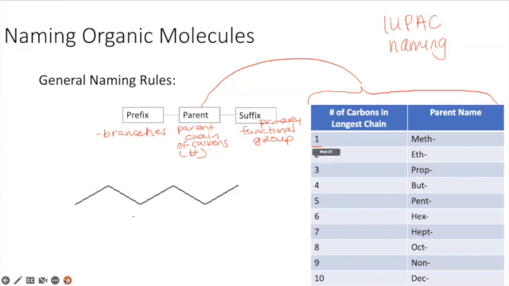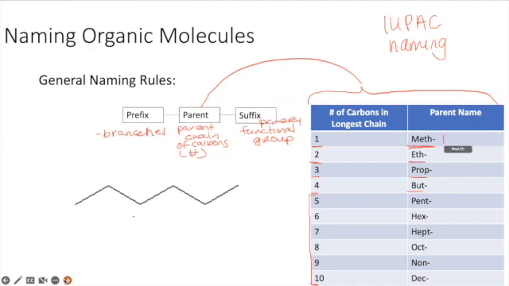So if you have 1 carbon, you're using the parent name meth, 2 eth, 3 prop, 4 but, 5 pent, 6 hex, 7 hept, 8 oct, 9 non, and 10 dec. 5 on are prefixes we recognize from chapter 4, naming molecular compounds. But meth, eth, prop, and but might be a little unfamiliar.